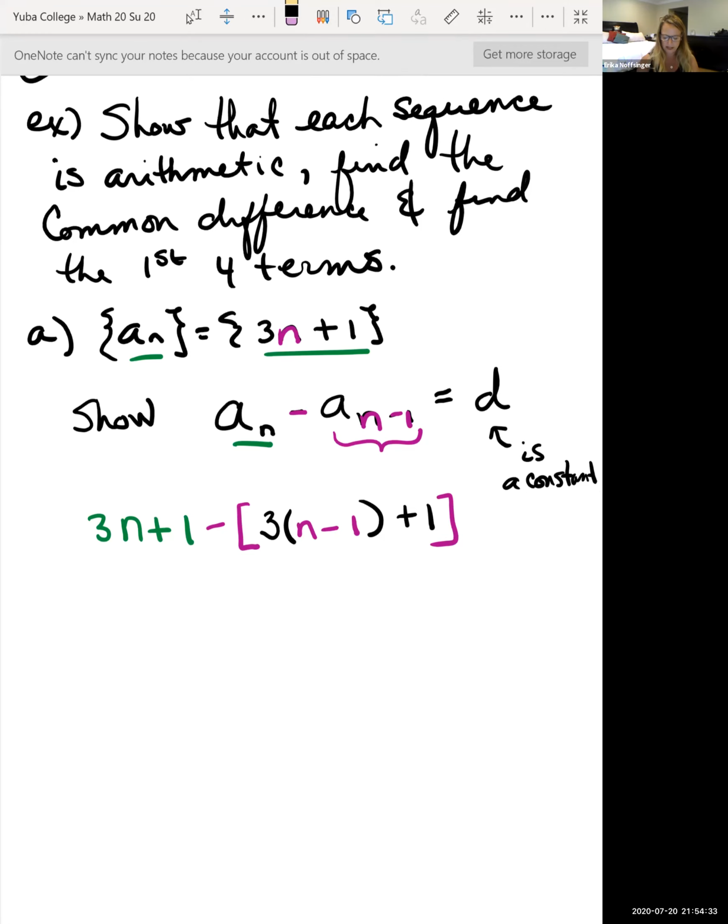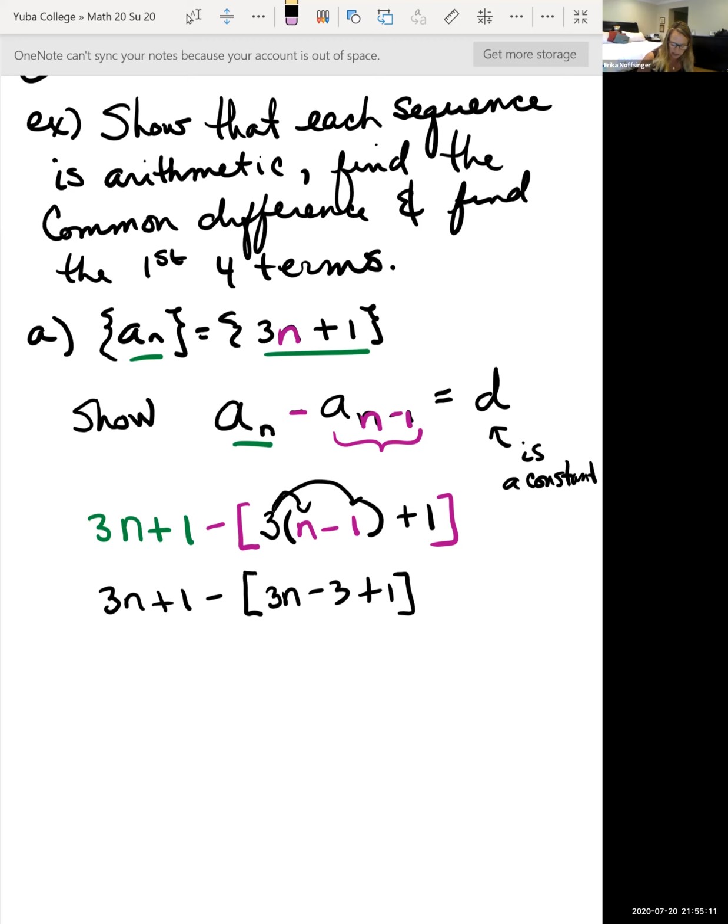So let's simplify. I have 3n plus 1 from here, I'm going to write it below, minus, let's distribute our 3 here. Order of operations, first work inside the innermost parentheses, and n minus 1 can't be simplified. We're going to distribute, so we get 3n minus 3, and then bring down that plus 1.